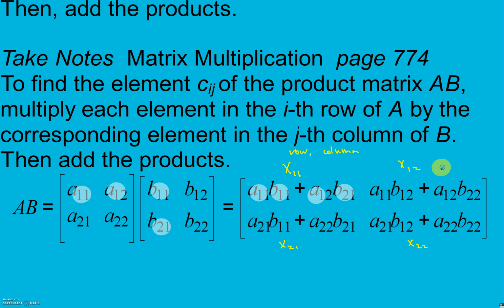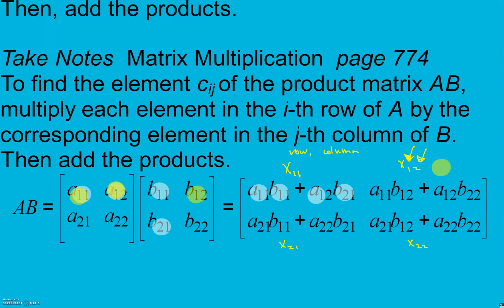To get to this spot right here, I need the entire first row times the entire second column. So, I take the first row times the second column.